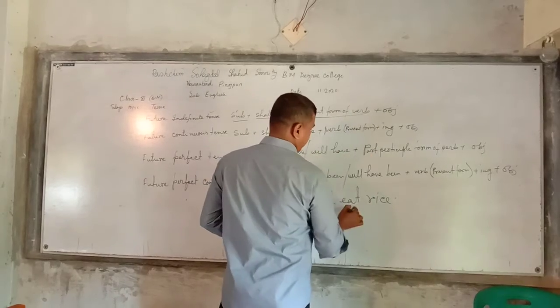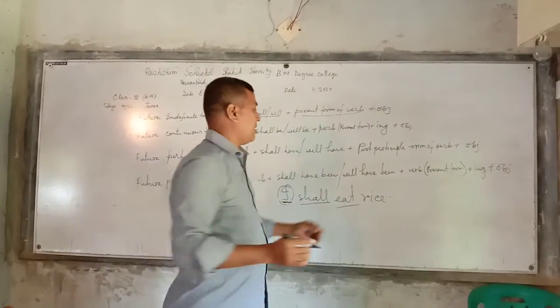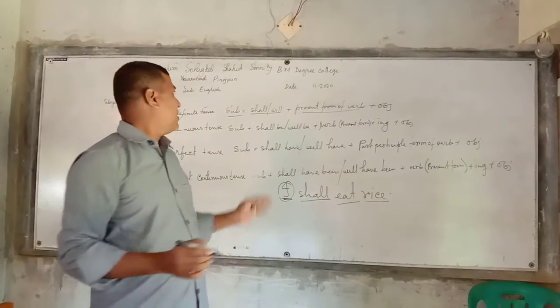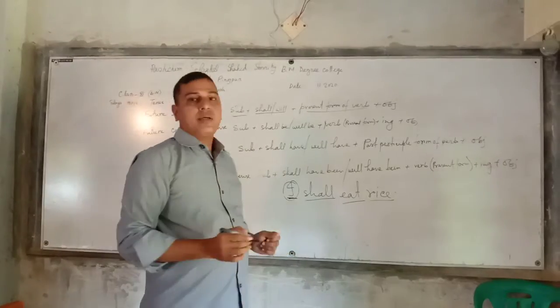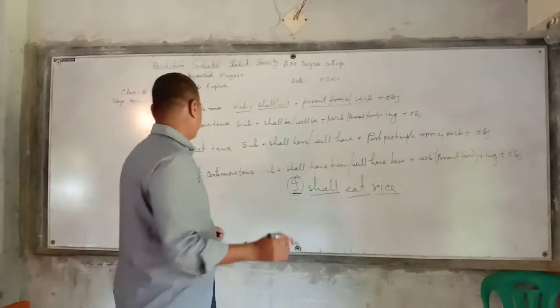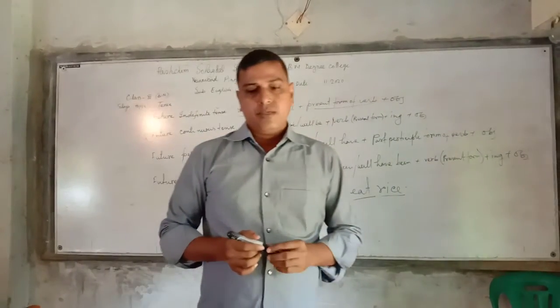Present form of verb, eat. It's called present form of verb, and an object, rice. So it's an example of future indefinite tense. Perhaps you understand it.